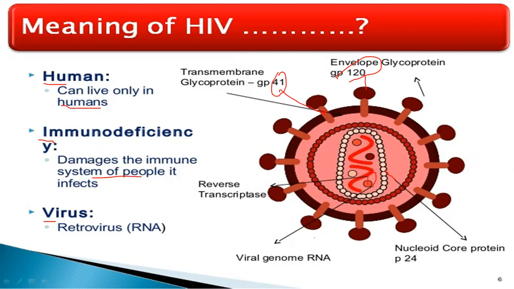Then inside it has the viral genome that is made up of RNA, and it has certain enzymes also. Most importantly, it has reverse transcriptase enzyme, integrase and proteases as well, and it has nucleotide core protein number 24 that makes the core of this genome.